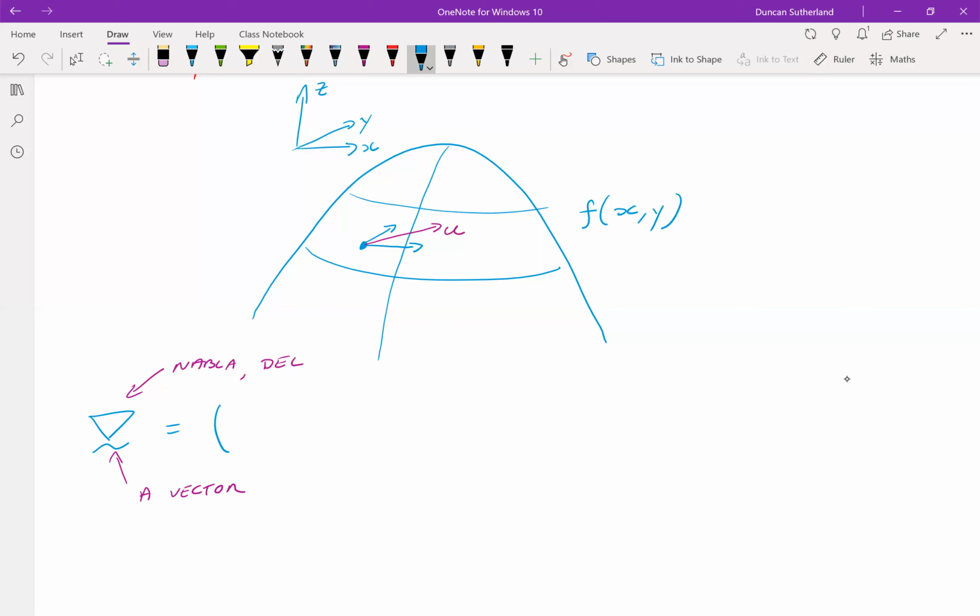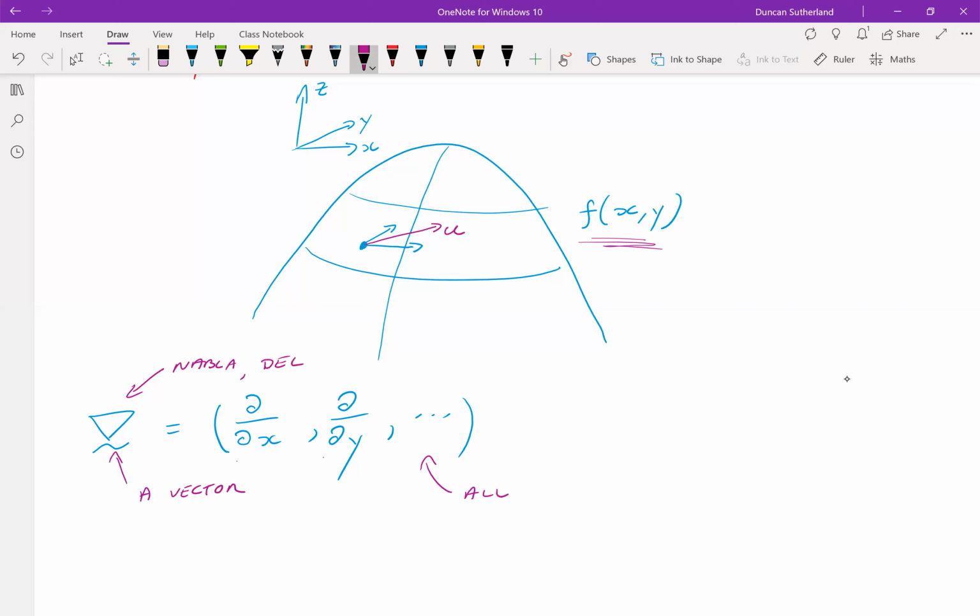The operator itself is the first partial derivative and the second partial derivative, or the partial derivative with respect to the next coordinate. And it's got all the coordinates in there, right? So if you've got a two-dimensional function as we're describing here, we'd only have two components.